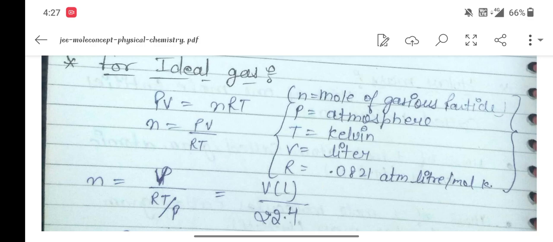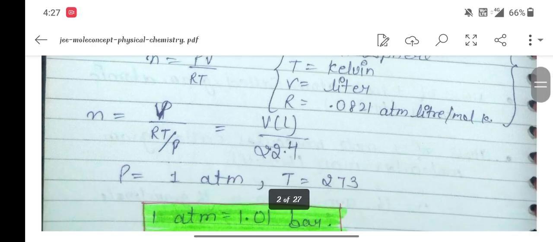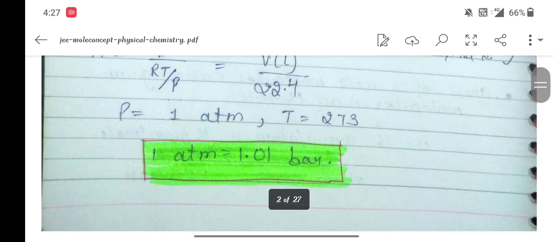So n is equal to V by RT by P, which is equal to V in liters by 22.4. Here P is 1 atm and T is 273. 1 atm is equal to 1.01 bar.